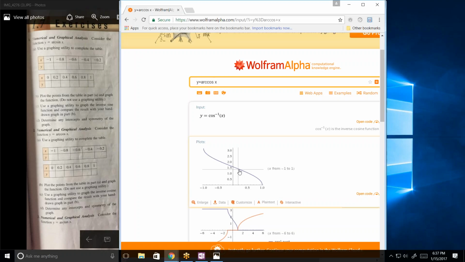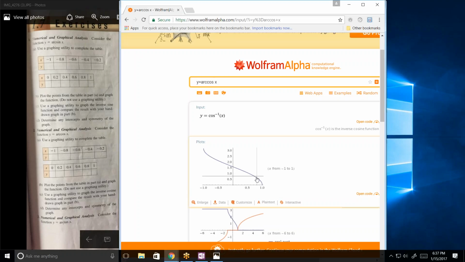1.4. Okay, and 0.4? 1.2. And 0.6. About 1, 1.1.